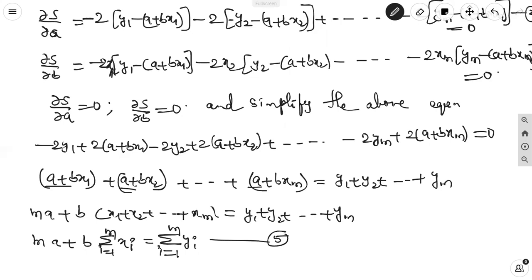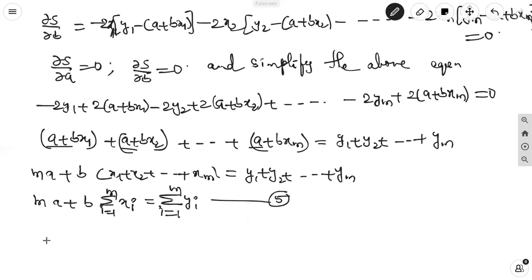This is one of the normal forms. And we can take the other equation too. Here 2 is taken to the right side and gets cancelled.